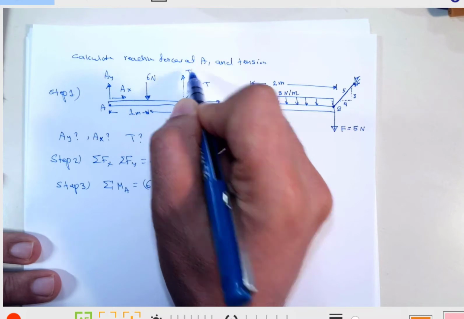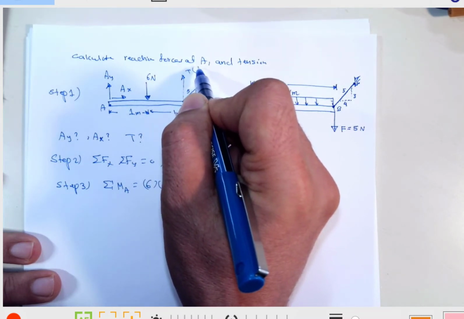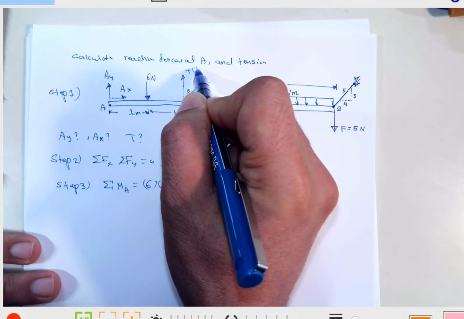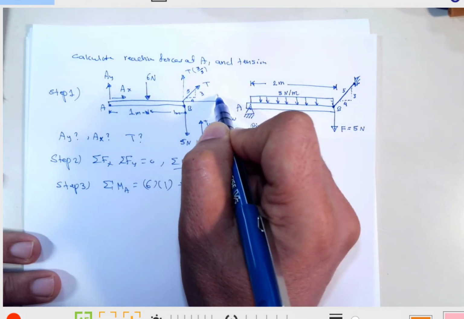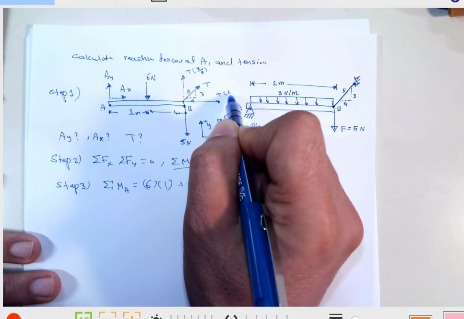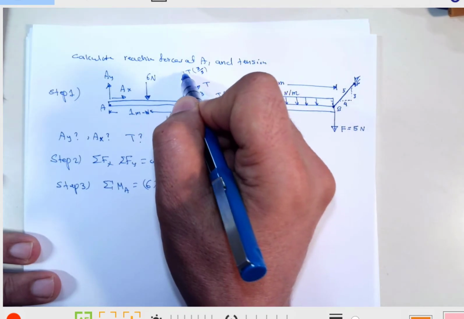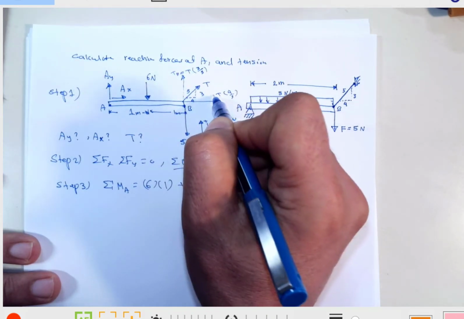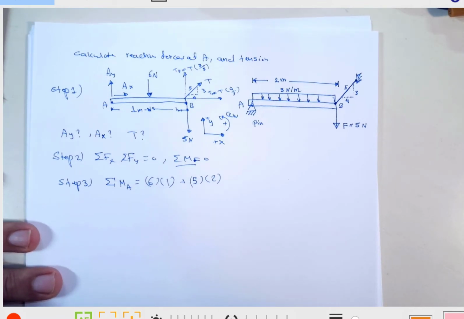So Ty is going to be T multiplied by 3 over 5, and Tx is going to be equal to T multiplied by 4 over 5, right? So this is Ty and Tx. We know that the moment of Tx equals 0, therefore only the moment of Ty should be considered.